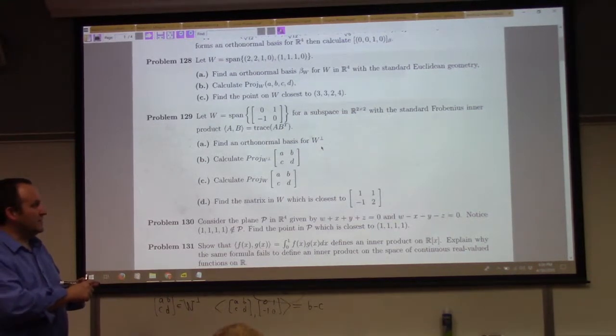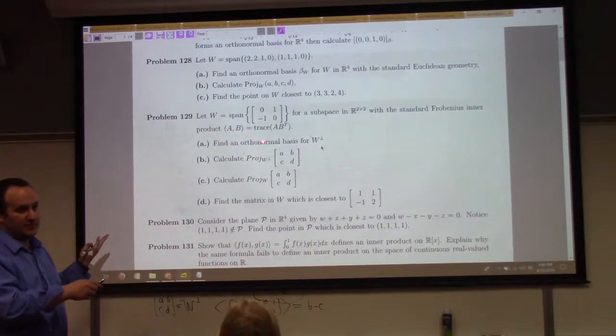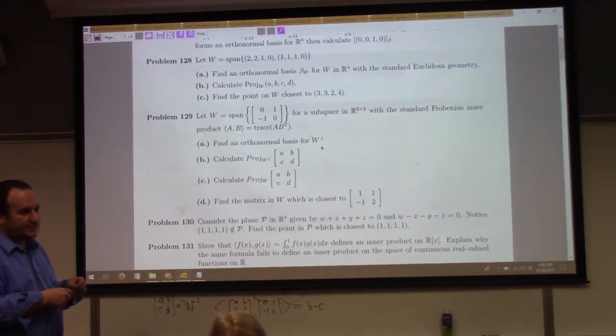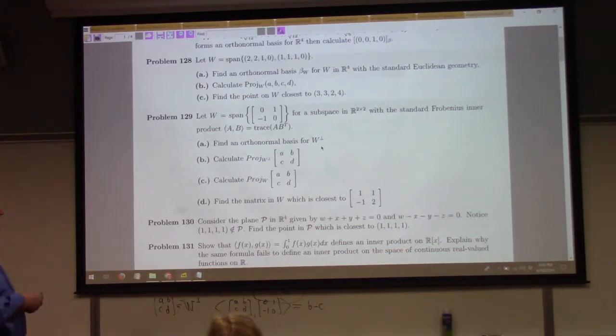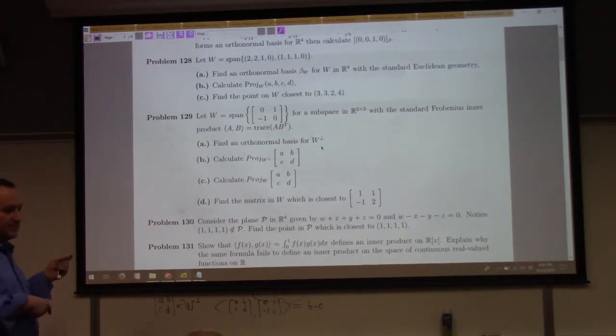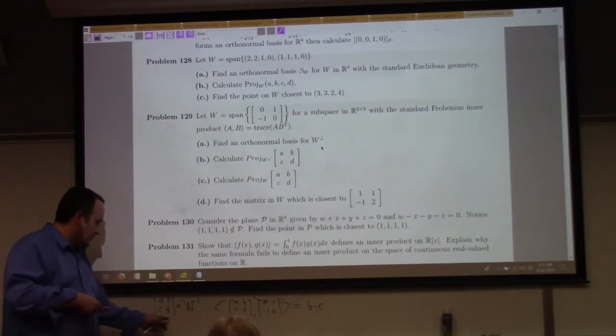And then you have to find an orthonormal basis for W perp. Putting this in would give you something like A, D, B, B. That would suggest a basis like E11, and then 0, 1, 1, 0, and then 0, 0, 0, 1.